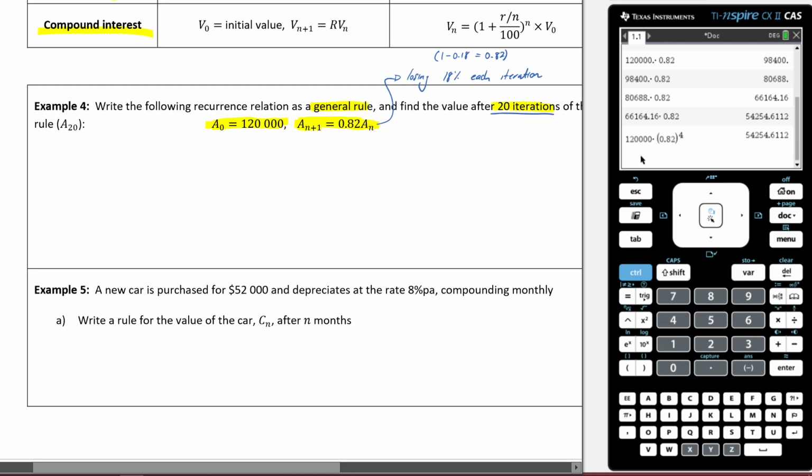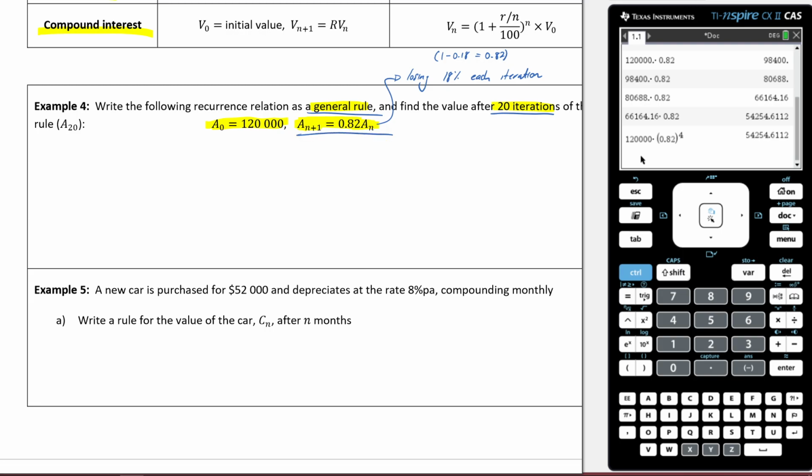So now when we come over here and I want to write a general rule for this, I recognize that it's geometric, meaning it's times that. That means I'm going to say, all right, a of n is going to be equal to 120,000 times by 0.82 raised to the power of n, where n is the amount of iterations that I'm doing.